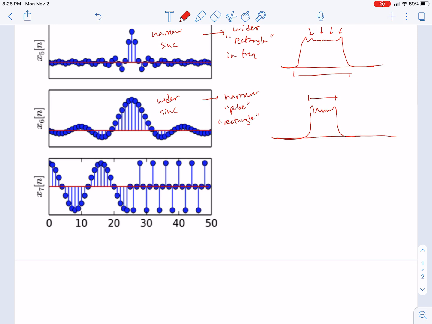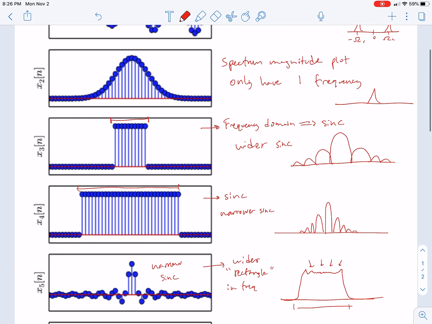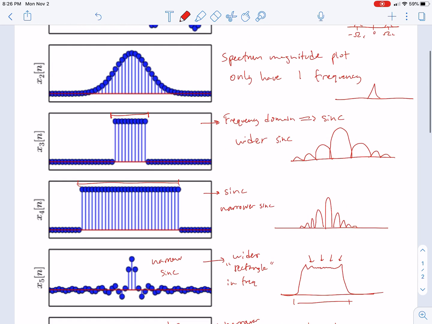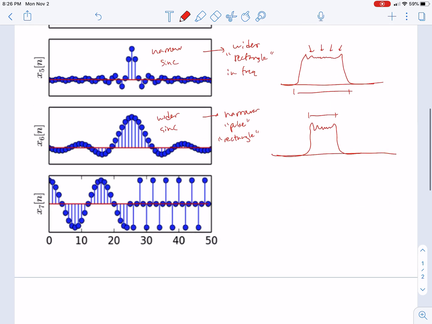Now the last one is x7 of n, and there is a lot going on in this plot, and usually I don't want you to try to process of elimination match different plots to each other. If you've seen here, we've actually kind of predicted and made sketches of all the different plots we'll see for each of the time series graphs, but compared to everything else, x7 of n is really difficult to predict something for, right? Off the bat, there's not much we're really getting from here.